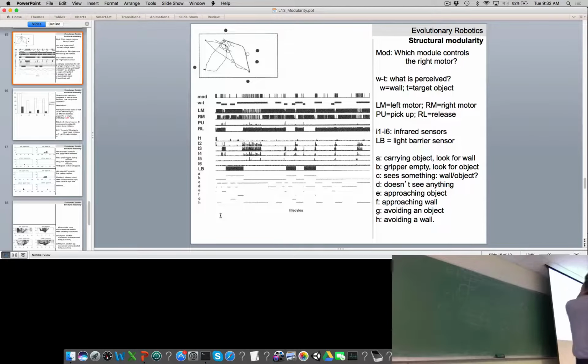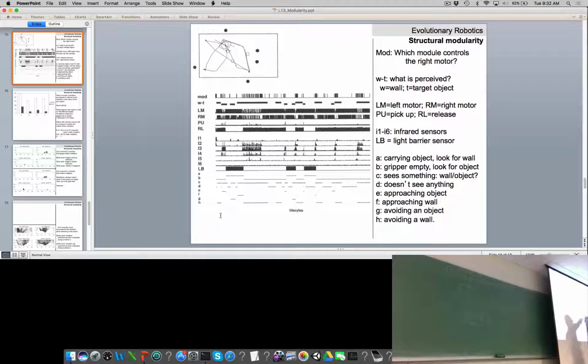So let's start with the easy part in the top left here. You'll notice in this case there were 5 sugar cubes inside the arena, which correspond to the 5 circles here. The white circles are sugar cubes that were successfully picked up by the robot and dropped outside the arena.